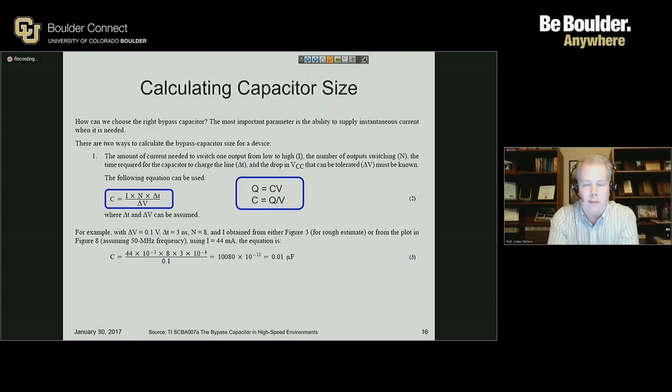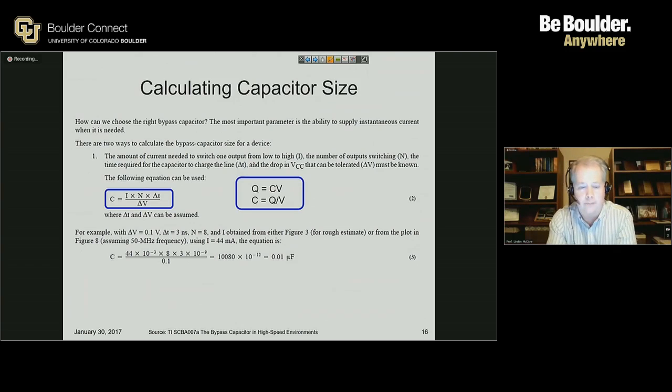So the application note talks about a couple of ways that you might approach calculating the capacitance sizes rather than just using this rule of thumb, because rules of thumb don't always apply. They're just a starting point. There are going to be some chips that you put in your design which exceed the requirements of a 0.01 or 0.1 microfarad capacitor.